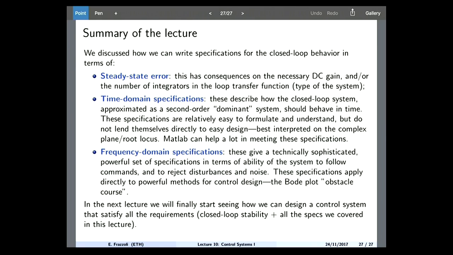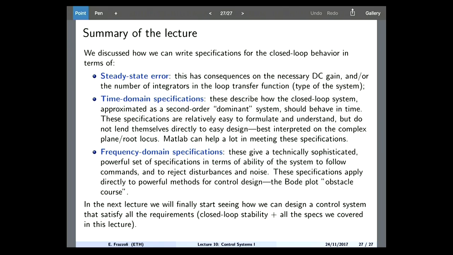Essentially, steady state error means that your Bode gain must be larger than something. If they want 0 steady state error to unit steps or unit ramps or something like that, that tells you your Bode gain must be such and such, and you need to have at least this many integrators. So this is something that must become hardwired in your brain.